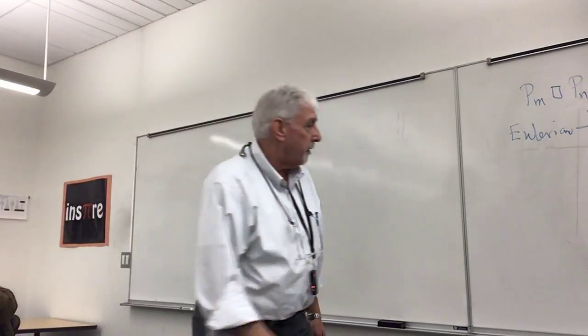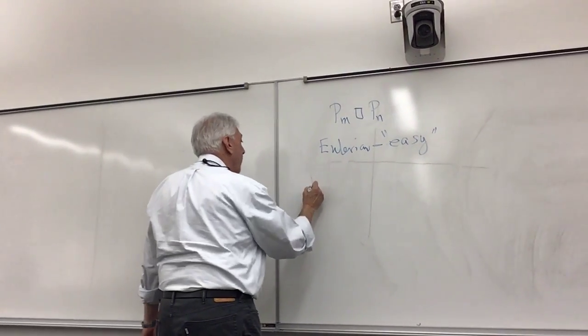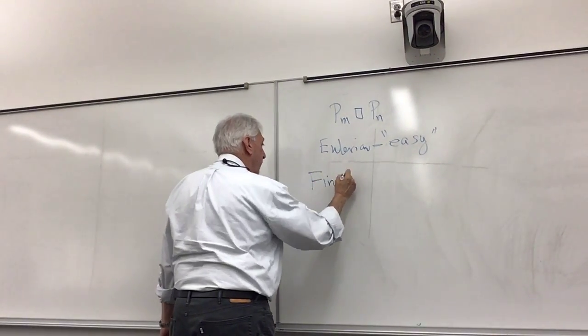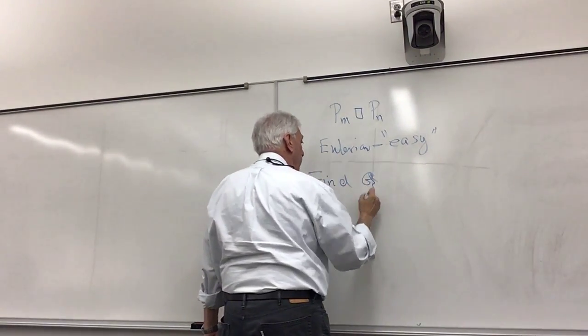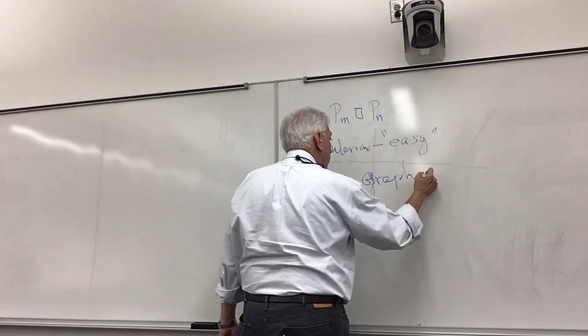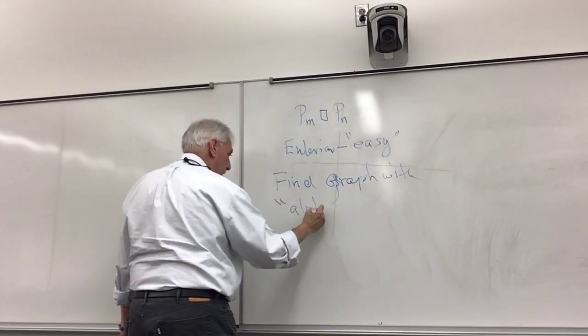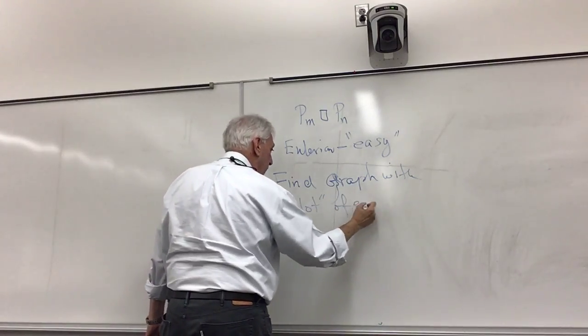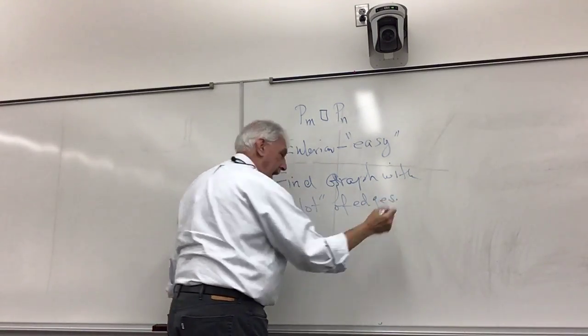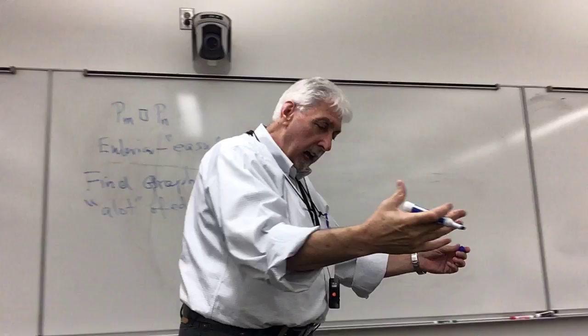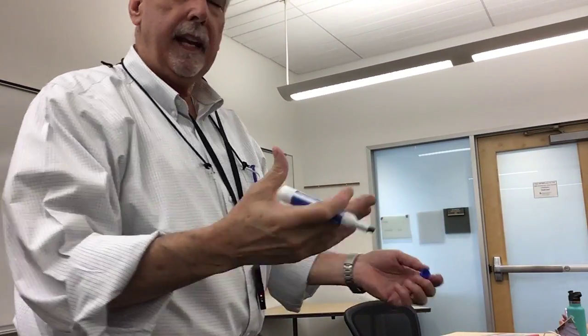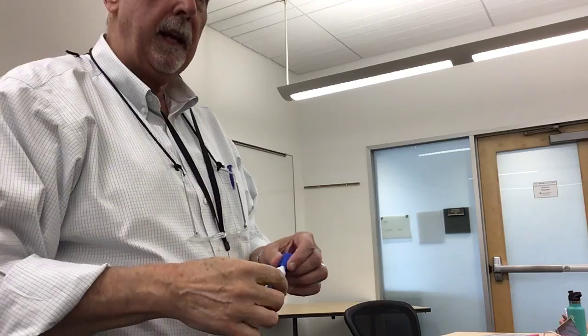So I want to find graphs with, in quotes, a lot of edges. Before I go on, as I put more edges into the graph, the likelihood that the graph is going to be Hamiltonian goes up.